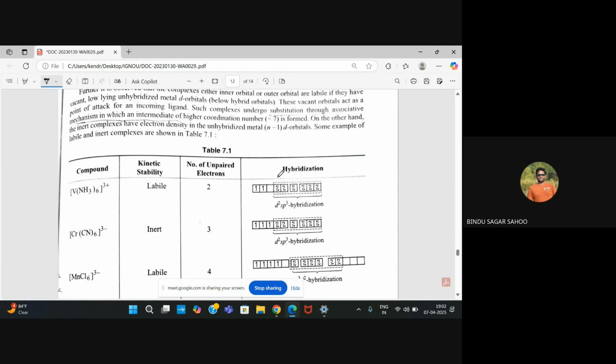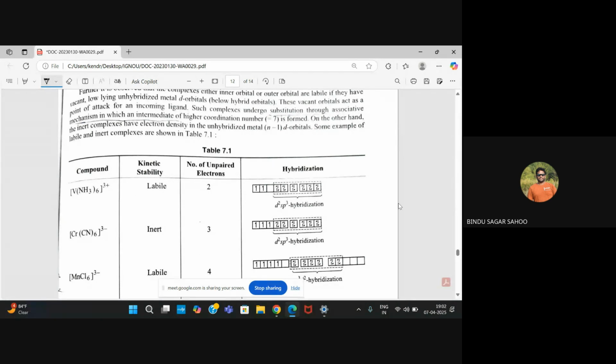This complex should be an inert complex, but experimentally it is found that it will be a labile complex. What is the reason behind that? There will be a vacant d orbital which is unoccupied by any electron. So this vacant orbital can be attacked by the incoming ligand, and it will be favorable for a labile complex.